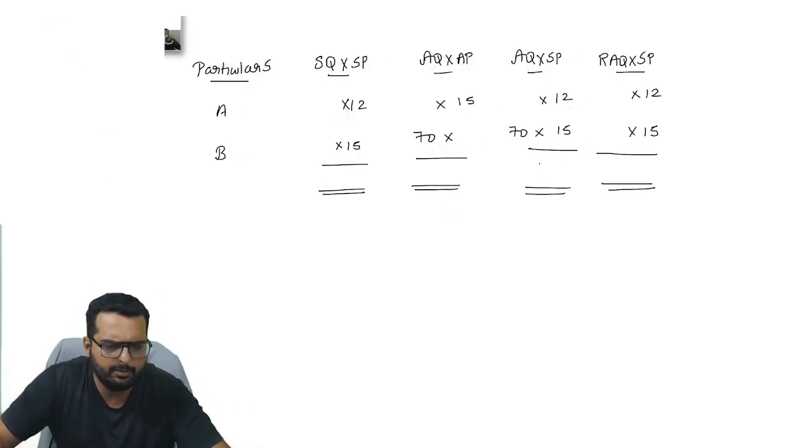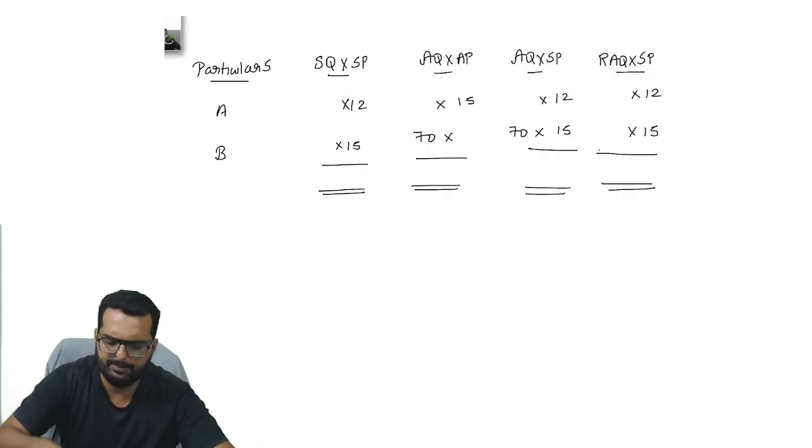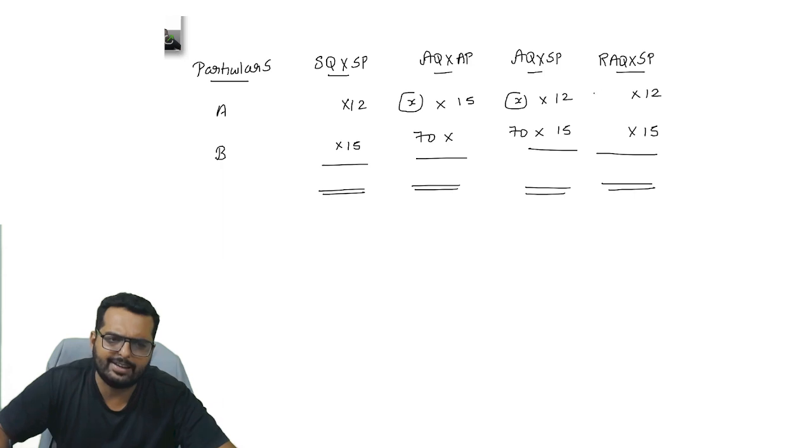Fine, friends. Everybody done writing this? Now, one thing what we will do is, okay, they have told that the standard mix is 1 is to 1. Am I right? Okay. So what I'll do is I'll assume that AQ is X. If AQ is X, RAQ will be total actual quantity 70 plus X in standard proportion. So I'll divide it by 2.